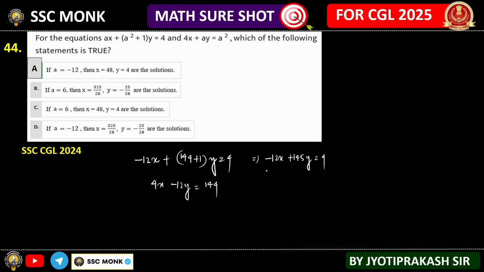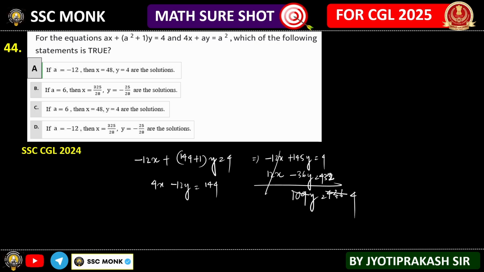If I multiply it by 3, that will be 12x minus 36y is equal to 432. If I add it, we get 436y, divided by 109, 4 is 436.